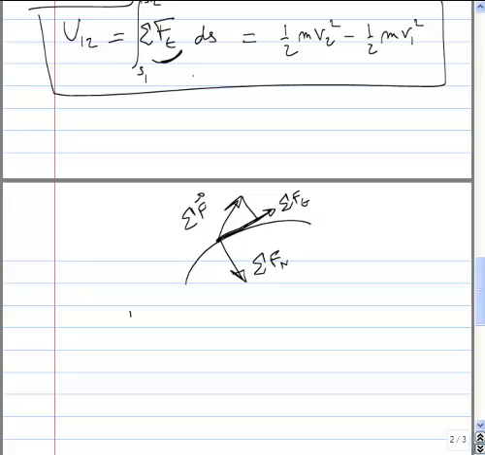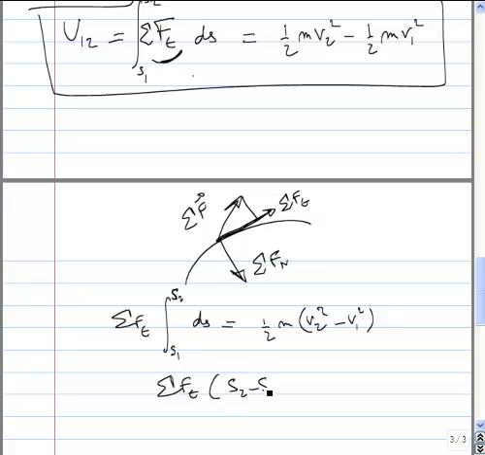and you end up with sum of the forces in the tangential component times integral from S1 to S2 ds is equal to 1/2 m v2 squared minus v1 squared. So this is nothing else than sum of the forces in the tangential component times S2 minus S1 is equal to 1/2 m v2 squared minus v1 squared.